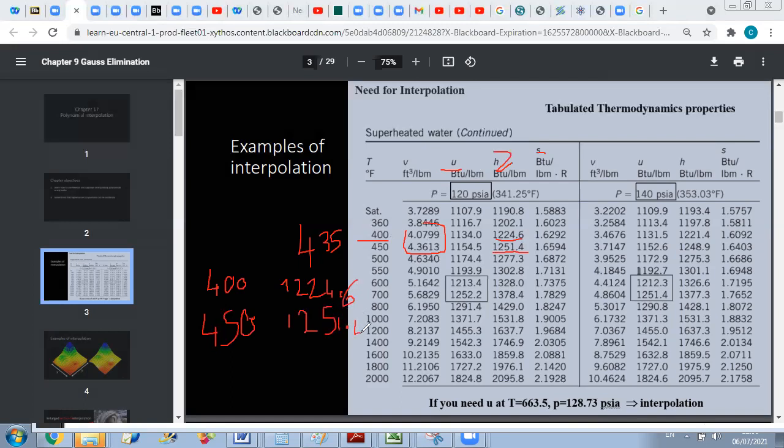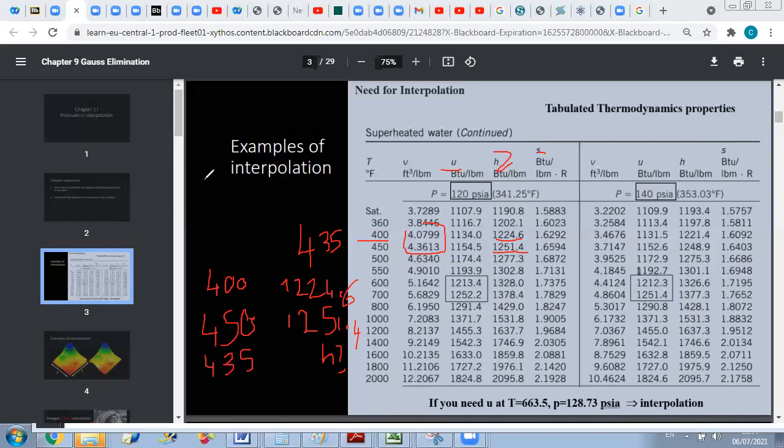So if I want to assess what will be H for 435, I can consider that the variation of H is linear in this interval. And then I can say that the slope is constant.